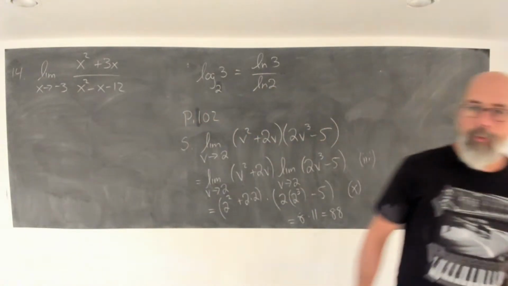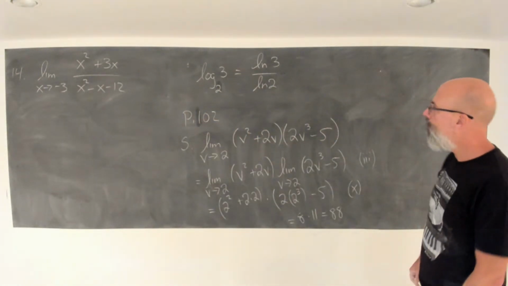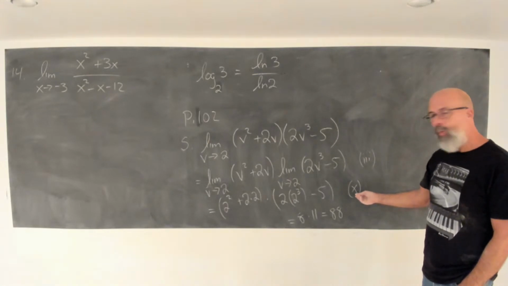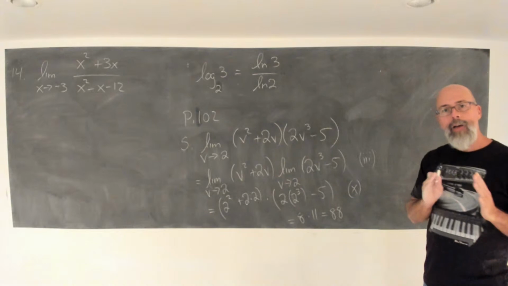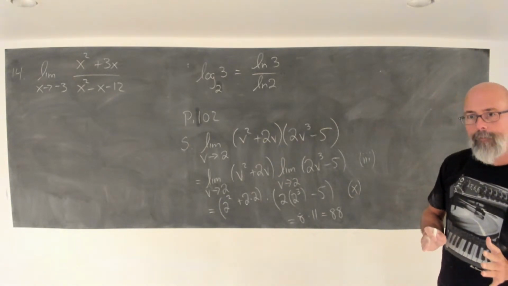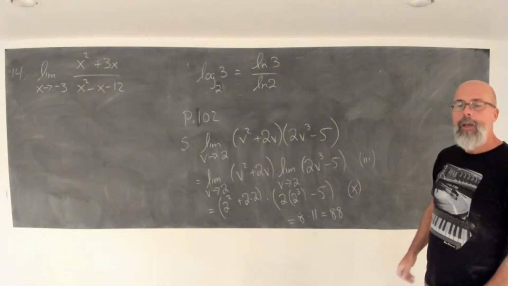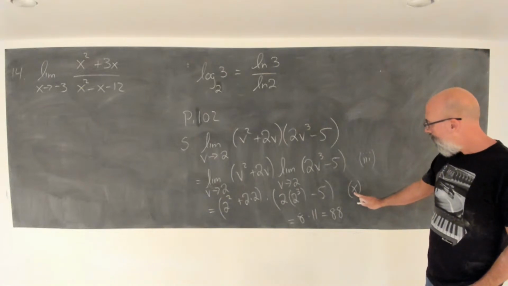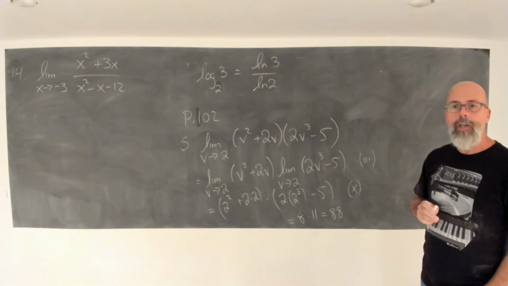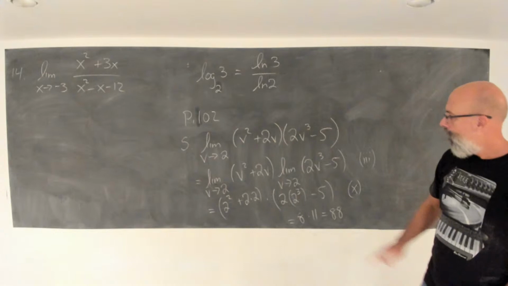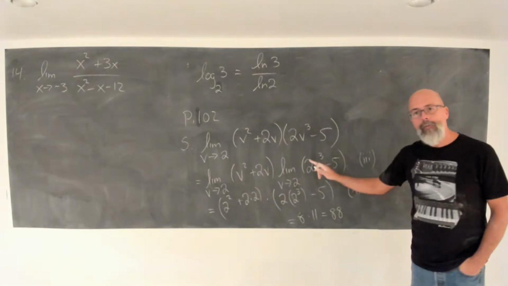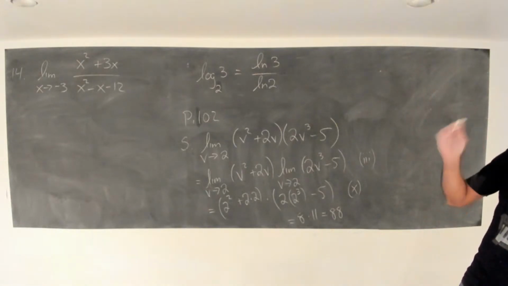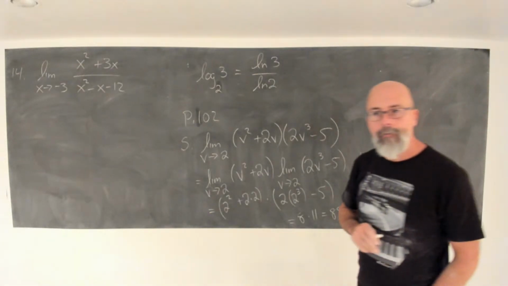Allie's asking, how come we can just plug the value in for this? Well, that's exactly what property 10 says. When you have a polynomial, you can just plug in. And this is a polynomial, and this is a polynomial. So when you have polynomials, you can just plug in, you're good to go.